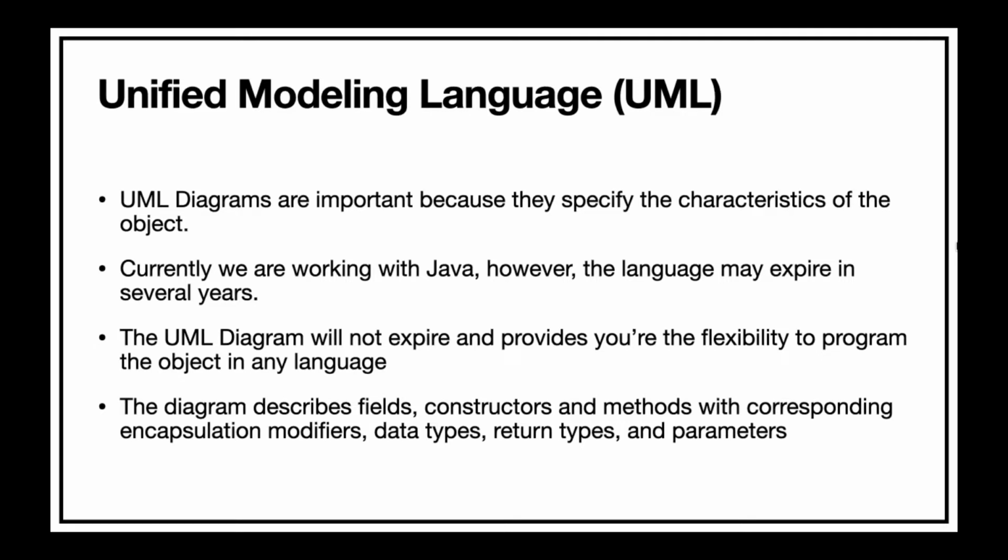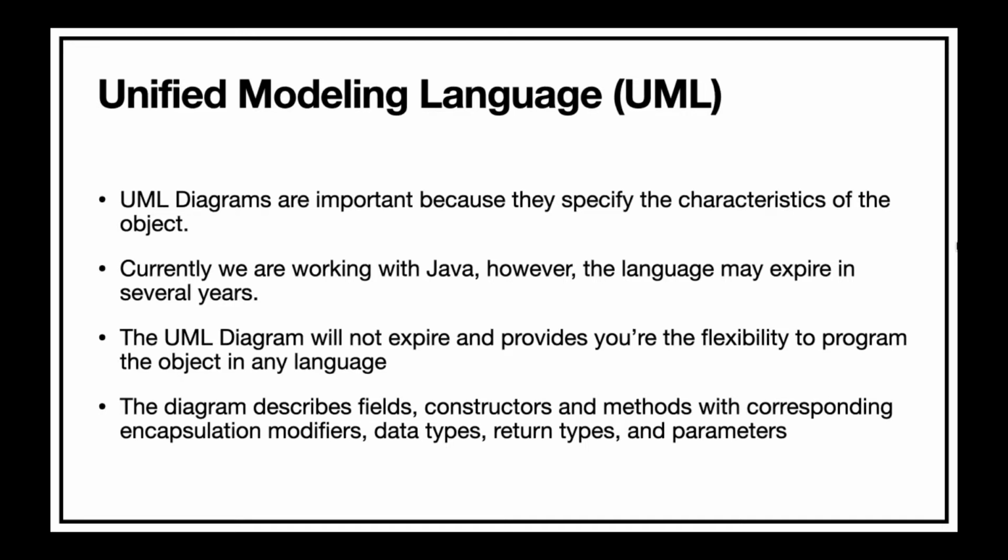Yes, we're using Java, but Java maybe will not be the only programming language that you will use in the workforce. Sometimes even programming languages expire, and we might need to adopt a new programming language. But don't worry, the UML never expires.